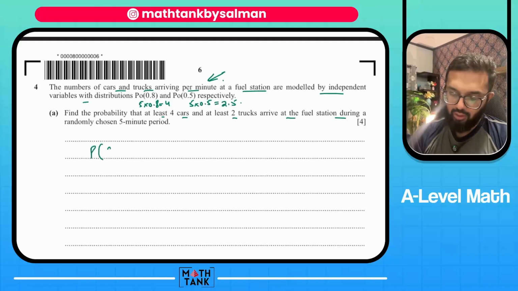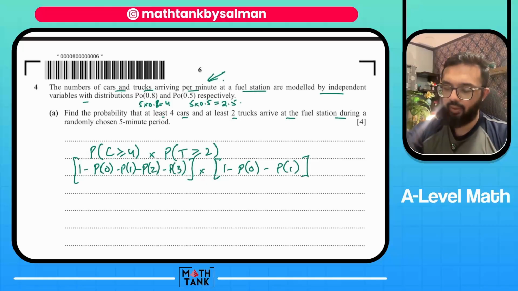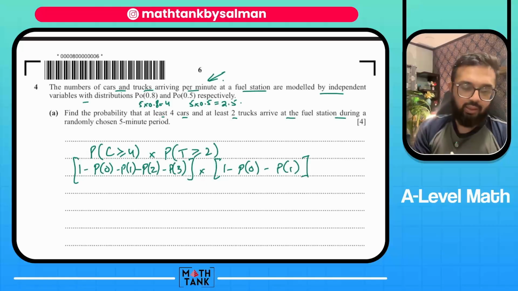So cars are at least 4 and trucks are at least 2. So 1 minus the probability of 0, 1, 2, and 3, multiplied by 1 minus the probability of 0, 1. Okay, let's quickly calculate this.